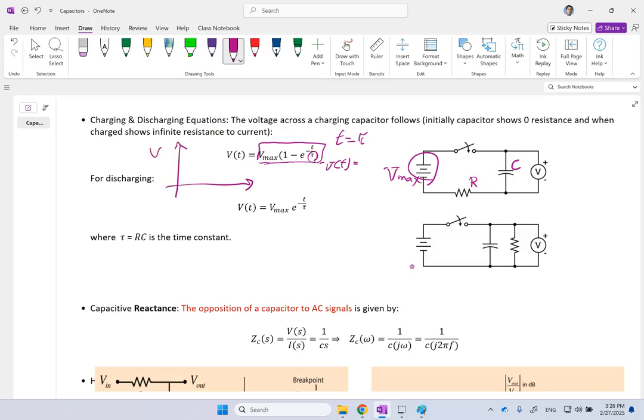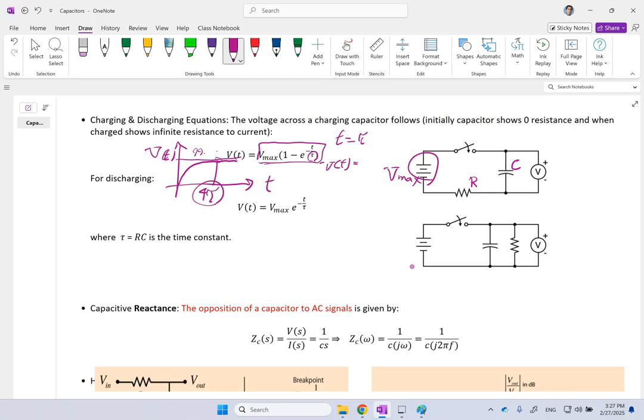So your voltage versus time is going to be an exponential increase until it reaches this, and typically at about 4 time constants you are almost at 99 point something percent of the final value. So typically you need 4 time constants to reach almost the final value.